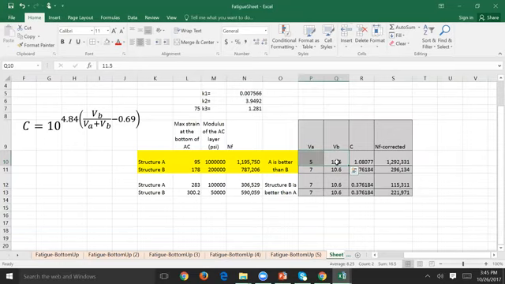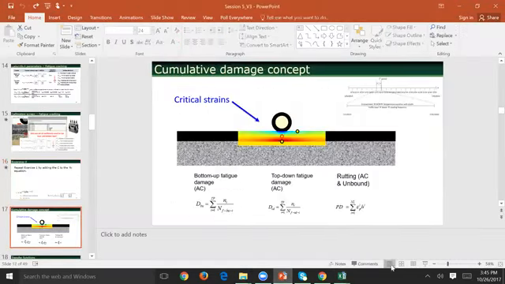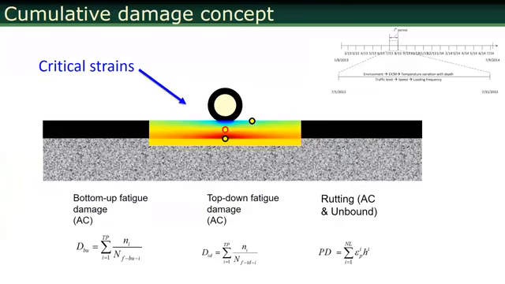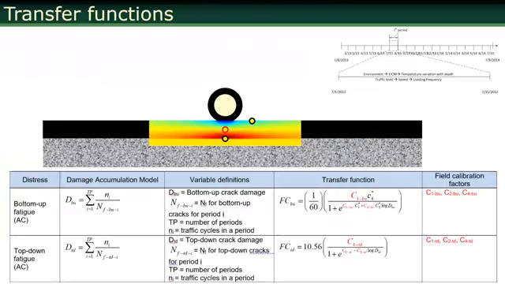Okay, all right, let's move on. We were talking about the cumulative damage concept. Once the NFs are calculated after correction, the fatigue cracking transfer function is used, with C1, C4, and C2. For this correction, you really need field distress data to calibrate this combination.